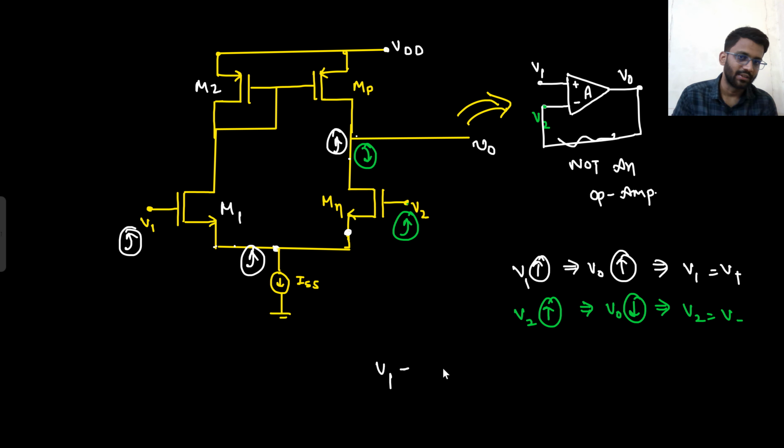What about common gate? This was grounded. This is your Vin. Let's just say this is your load RD.